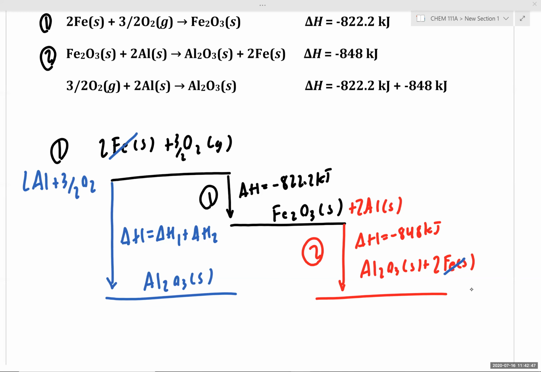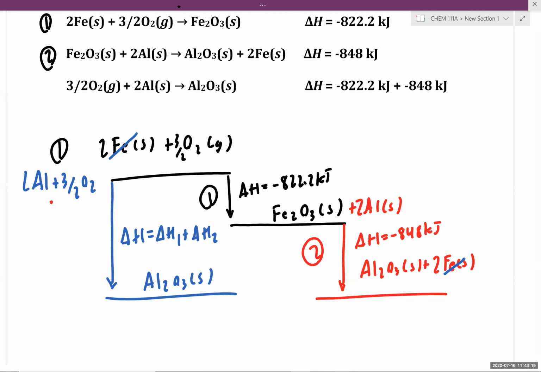So just like in net ionic equations, and just like when we added redox reactions together, we can cancel species that are identical in terms of formula and physical state on both sides of our reaction equation. Does that make sense? Yeah, that makes sense. Perfect. It's the same reason why the iron oxide isn't appearing in this equation, because we make our iron oxide and then we use it up immediately. Okay. Cool, thank you.